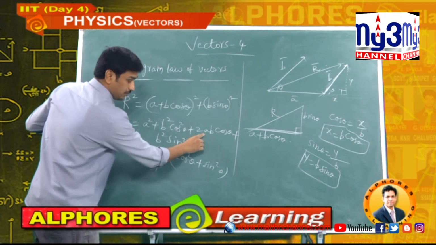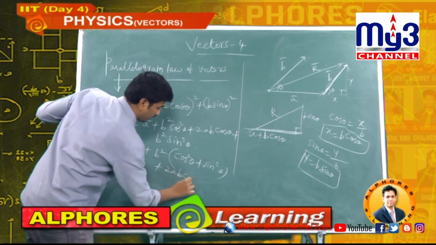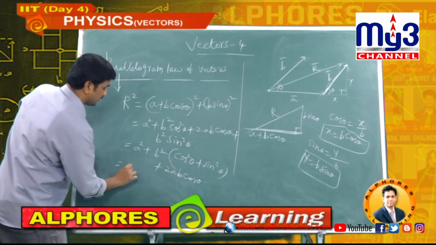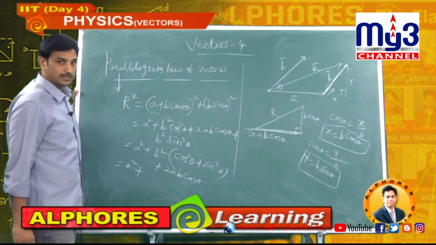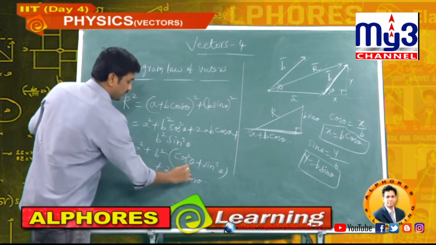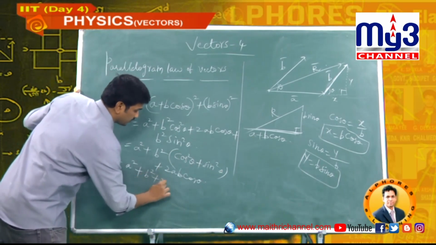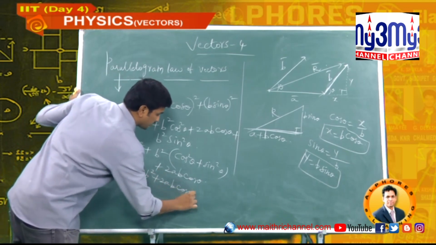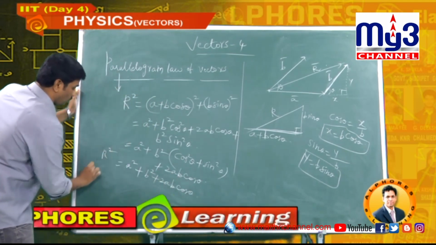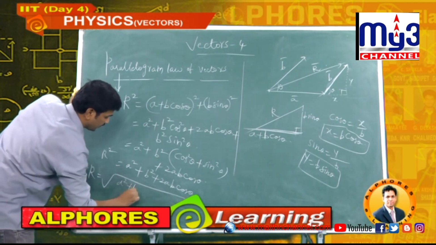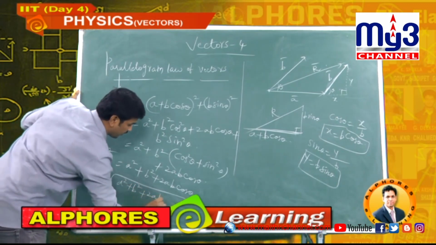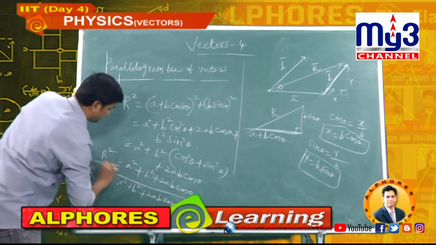The remaining term in this equation is 2AB cos theta. Cos square theta plus sin square theta in trigonometry is an identity rule; its value is 1. Now A square plus B square plus 2AB cos theta, this is the R square. What is the R value? Under root of A square plus B square plus 2AB cos theta.